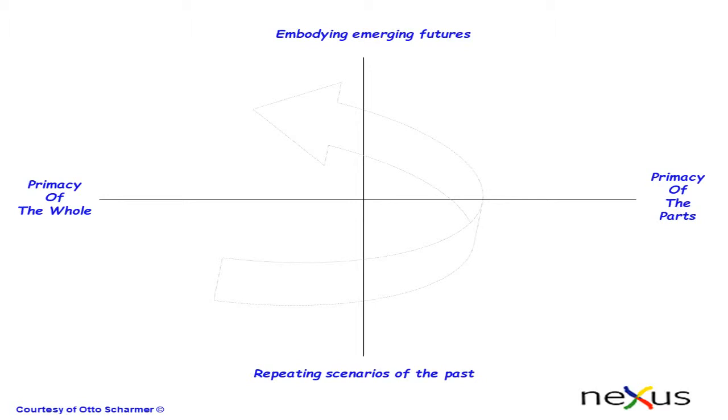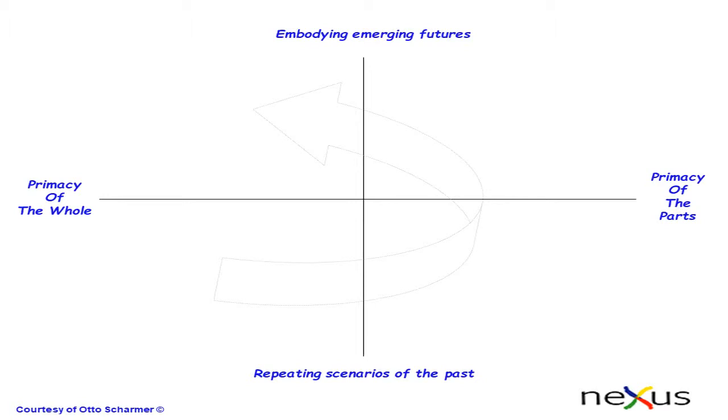Okay, now the difference between the fields on the left and the fields on the right. On the left, these are conversations that are giving primacy to the whole, to wholeness. On the right, these are conversations that are giving primacy to the parts, to the individual experiences.